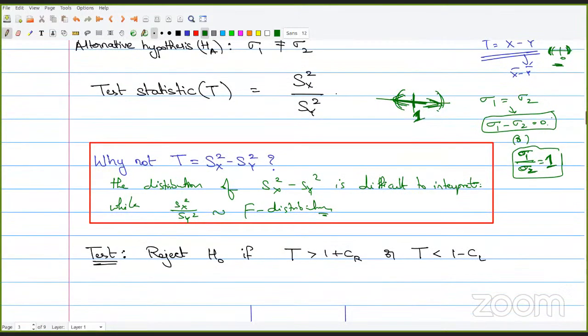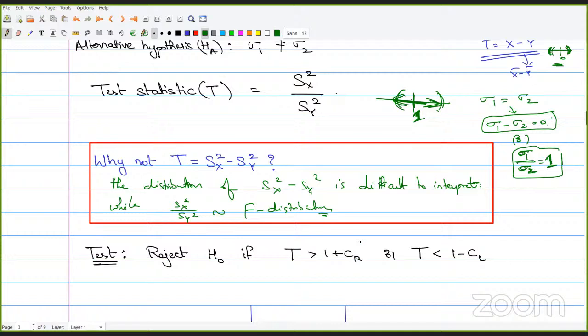So what is the test we are going to do? We are going to reject H naught if this particular test statistic, this division, the sample variance of one distribution divided by the sample variance of the other, is greater than 1 plus some constant. I have written it as CR, the right side value.